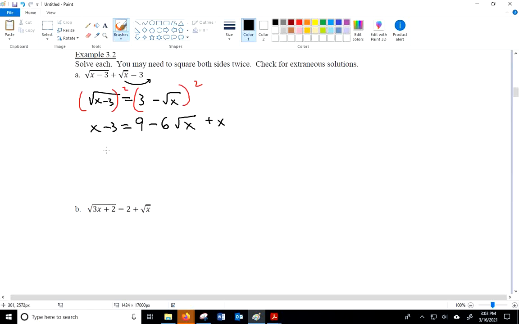All right, and then I'll move the x over, and I get a negative 3 equals 9 minus 6 root x. I'll move the 9 over, so a negative 12 equals negative 6 root x. Now, at this moment, I'm not just going to square both sides. I'll go ahead and divide both sides by the negative 6, so I get 2 equals root x, which gives me x equals 4. And let's see here. Let's check that. 4 minus 3 is 1, plus 2 is 3, so it works.